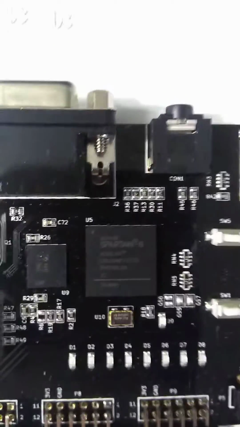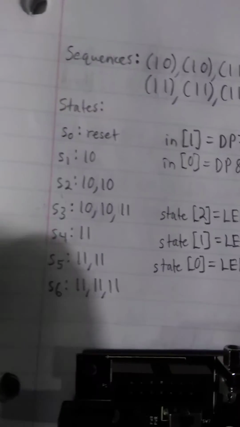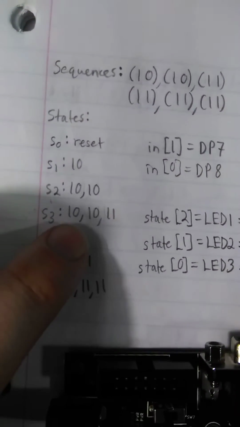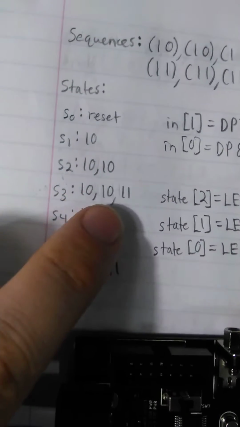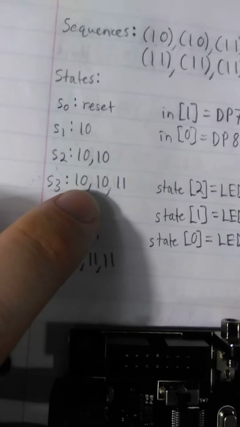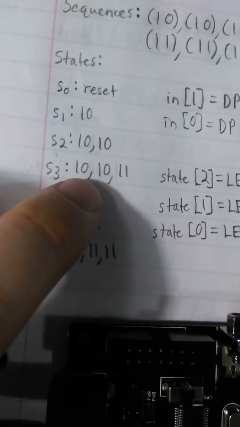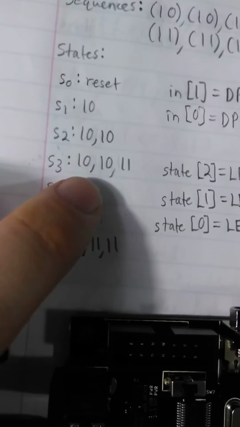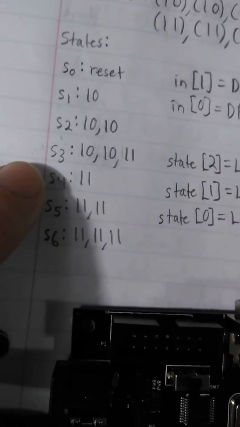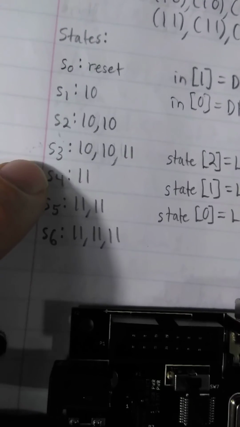Now, you can also go between different sequences. So if I was, say, trying to find this sequence of 1 0 1 0 1 1, and say I messed up on the second step, then I could go into this sequence and go from state 4 to state 6.